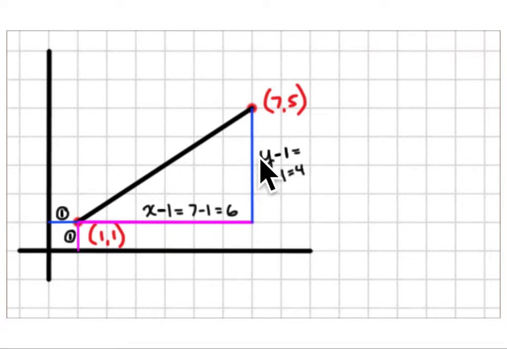So it's not 5 units, it's 5 units minus this 1 unit. Whatever the value for y is, you subtract the 1 unit. In this case, 5 minus 1 equals 4. So the vertical length is 4 units, and the algebraic expression for that is y minus 1. Whatever value you have for y, take 1 away.